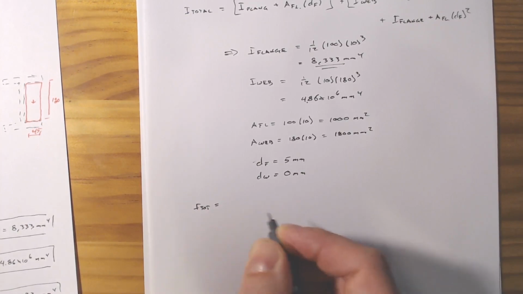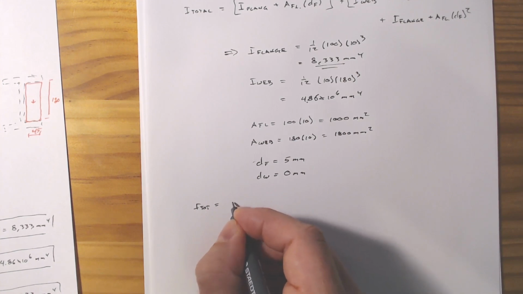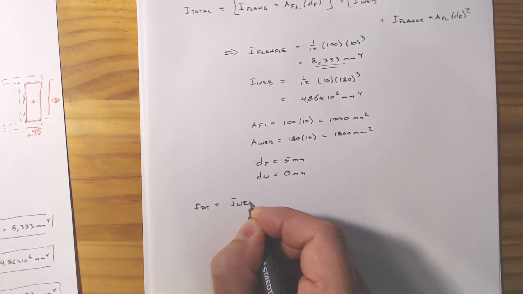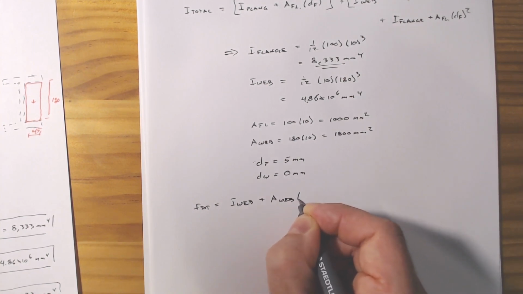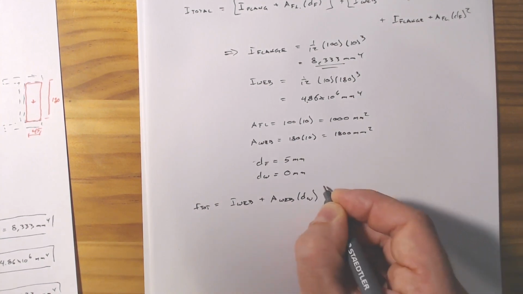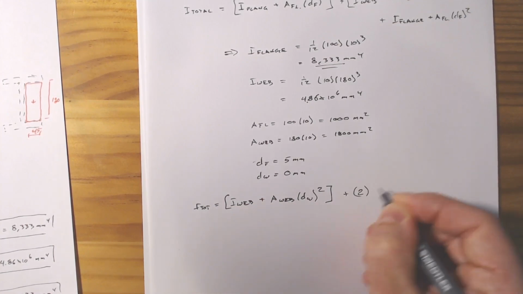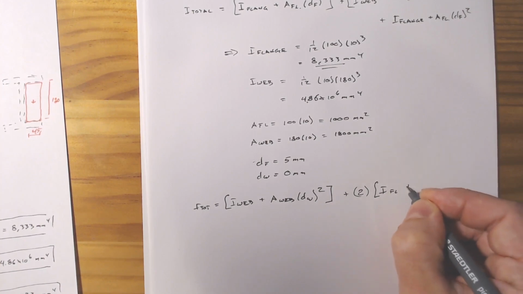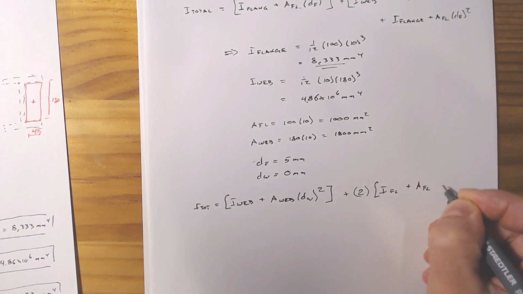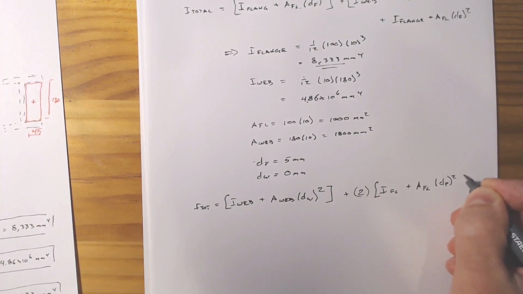I total equals I web plus A web d web squared plus 2 times I flange plus the area of the flange times d flange squared.